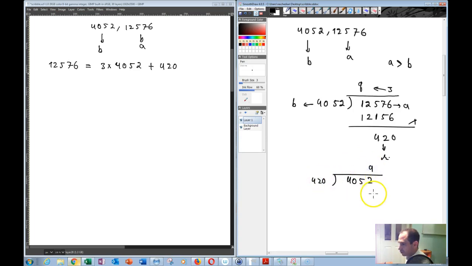So 9 times 2 is equal to 18, and 36, 37. If you subtract, you would get 272.